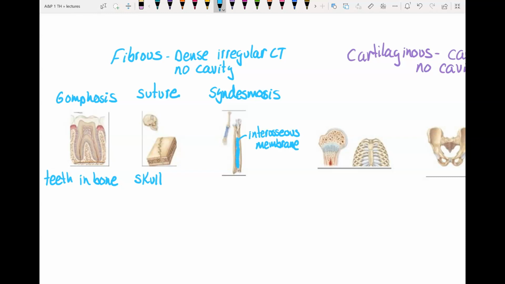Normally, we think of a joint as being at the end of the bone, but in this case, the joint is along the length of a bone. So a syndesmosis joins bones along their length, and it's an interosseous membrane that holds them together.